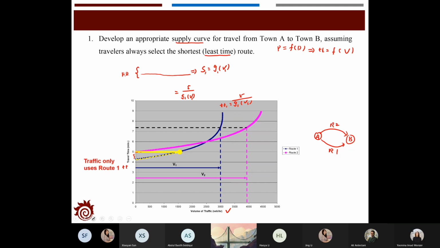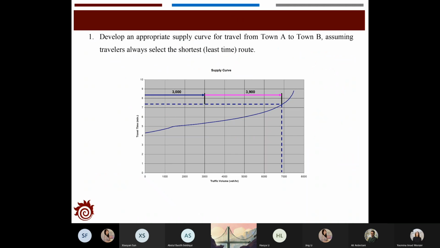So this will give you another case. If the travel time is higher than 5 minutes, then you can find out the total volume at that specific travel time, which would be the summation of the two volumes.